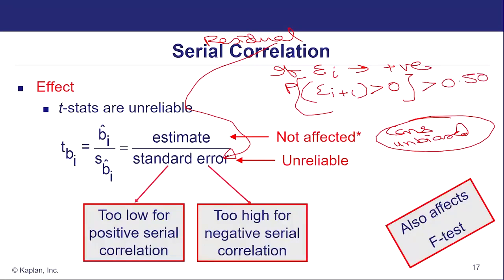Remember, if it is purely random, then the probability of the next period residual should be 50-50, positive or negative. But if it is positive serial correlation, it is more likely to have the same sign as the residual before it. It doesn't mean 100% likelihood the next period residual will be positive. Remember, at the end of the day, the sum of residuals is 0. Still, it will work. But at some point, it'll flip, and there will be a series of negatives, and then it'll flip, and then there'll be a series of positives, and so forth.